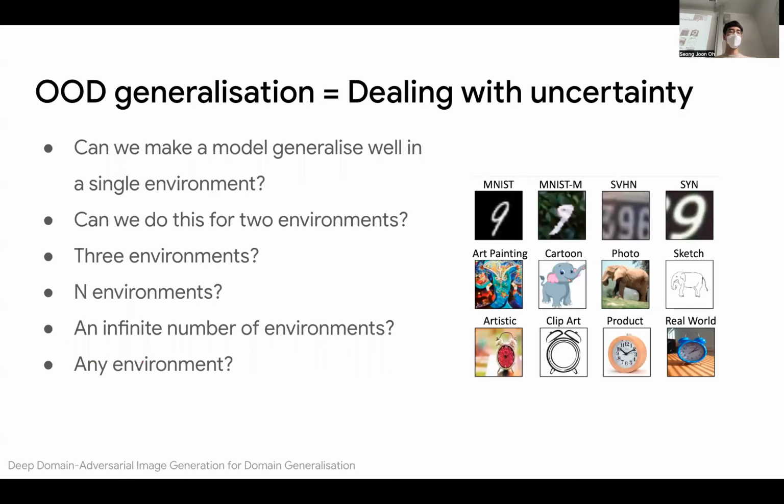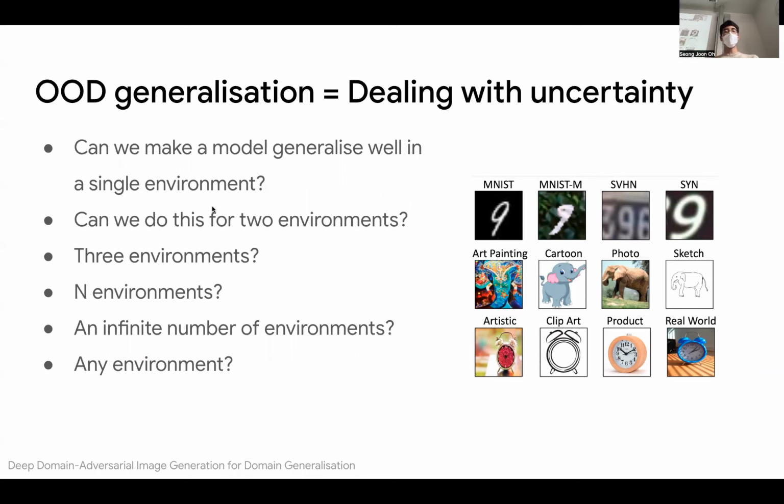So first, a bit of motivation. Why do we care about having an adversary? I'd like to start with this observation. OOD generalization is kind of dealing with uncertainty. It's easy to make a model generalize well in a single environment.